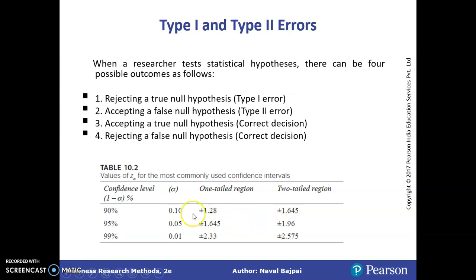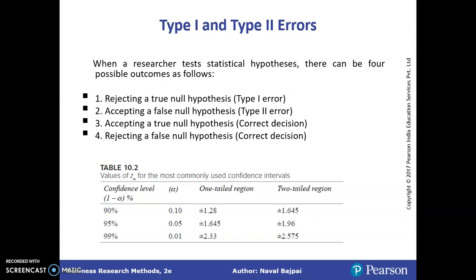Suppose we change the value of alpha to 0.1, 10%. For a two-tailed test, it should be 1.645. So if our calculated value is more than 1.645 given alpha as 0.10, we can see as we change alpha, our critical value changes.